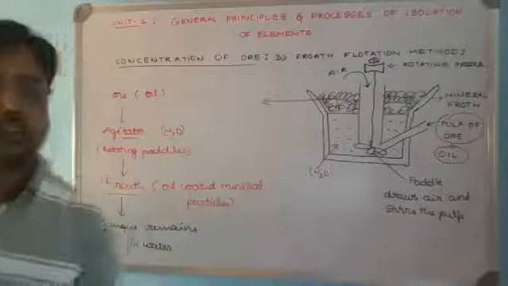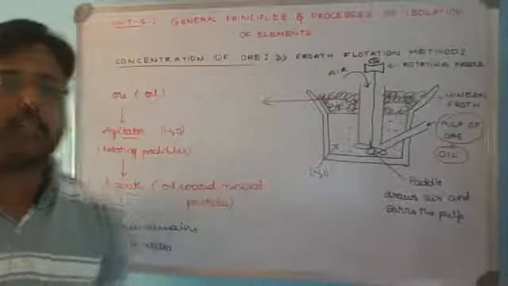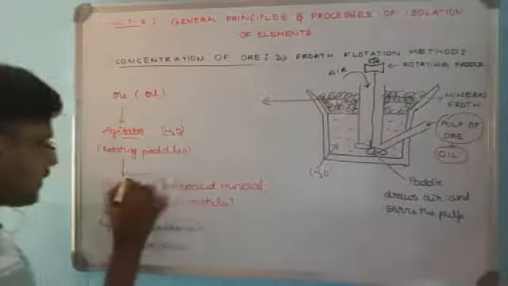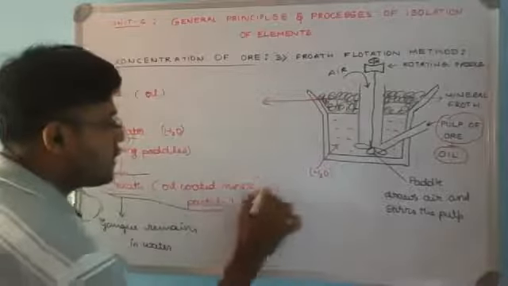The gangue, the soluble impurities, are present in water now. Now this is important for us for the next processing.